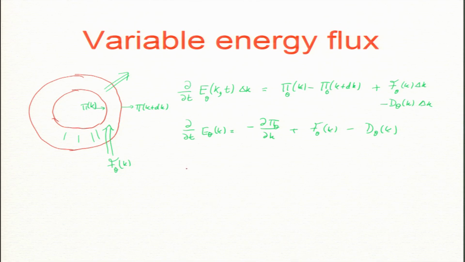Now, what happens under steady state? This goes to 0, and pi is only a function of k now, so I use the total derivative. So, d pi theta by dk is f theta of k minus d theta of k. Okay. I want to emphasize this because I am going to use it in my later lectures. This is my equation for how flux will change with k.